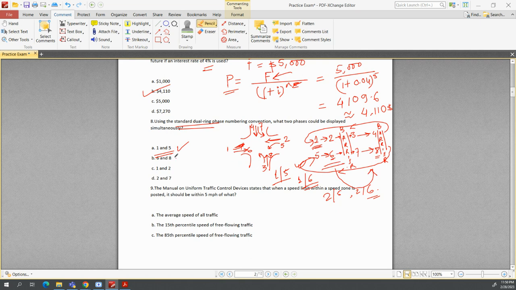So this is not correct. 1 and 2 cannot be together. 1 has to be from ring 1, and the other phase has to be from ring 2. So this is also not correct. 2 and 7: 2 is from here, and for 7 you have to cross the barrier. So that's not correct. 2 has to be with 5 or 6, right? So this is also not correct. So the answer is 1 and 5.